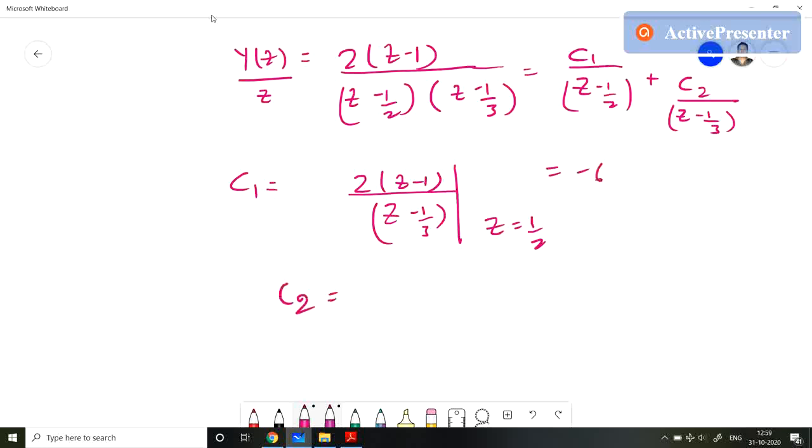And C2 is equal to 2z minus 1 divided by z minus 1 by 2, when z is equal to 1 by 3, and the value is plus 8.